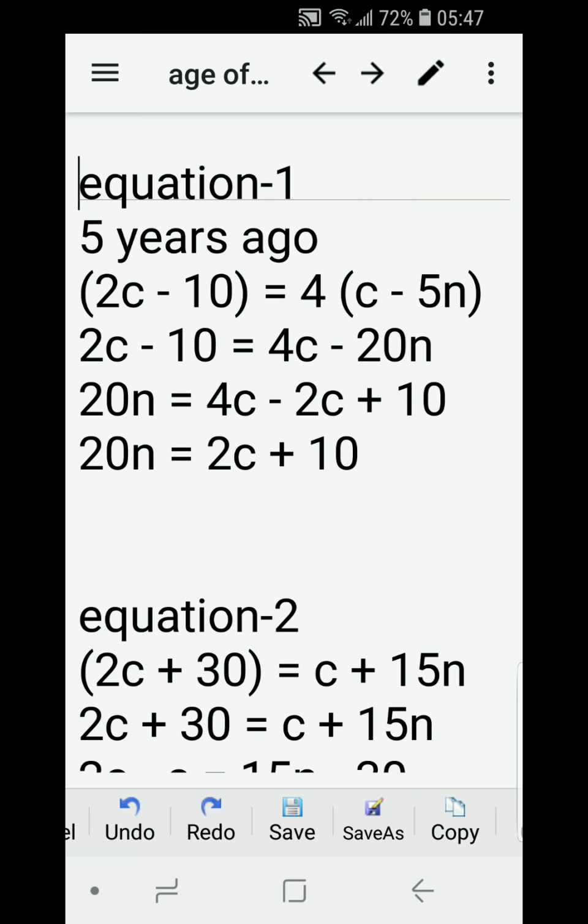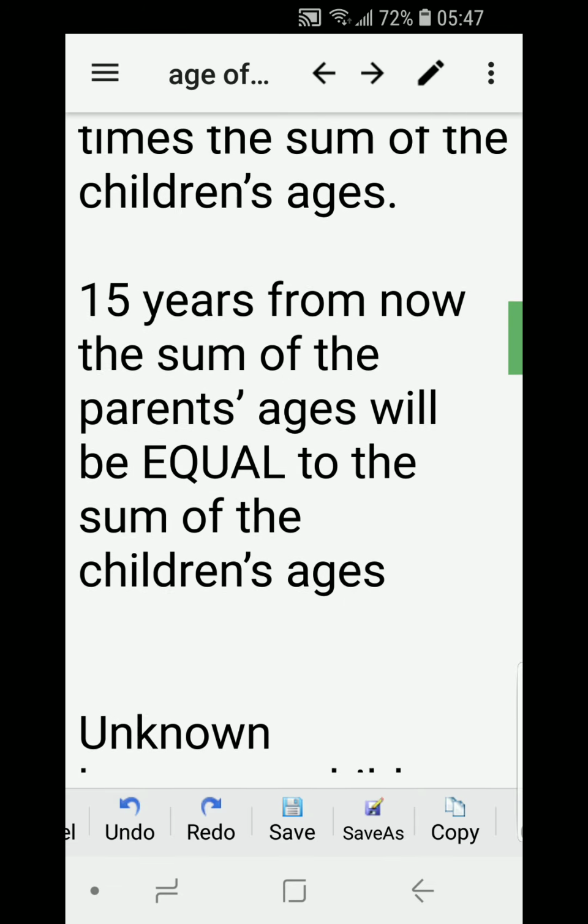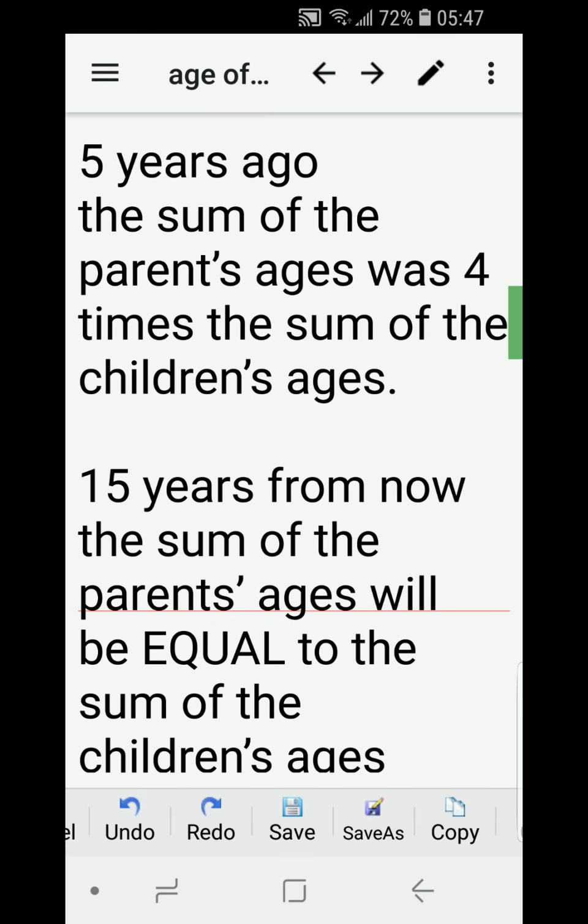Equation 1, 5 years ago: 2c minus 10 is equal to 4 times the quantity c minus 5n, because the given is 5 years ago, the sum of the parents' ages was 4 times the sum of the children's ages.